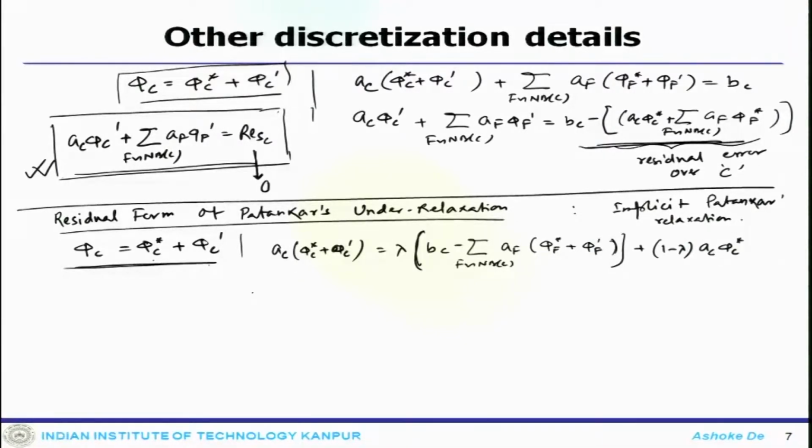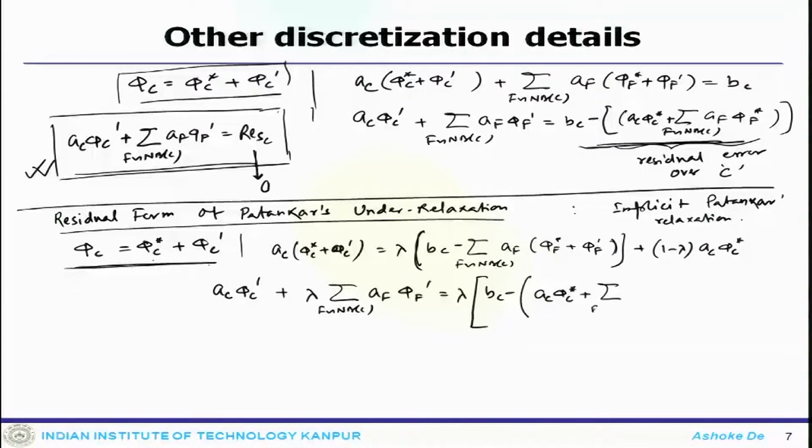Which you can simplify to A c phi c prime plus lambda times summation over f of A f phi f prime equals lambda times (B c minus A c phi c star plus summation of A f phi f star).